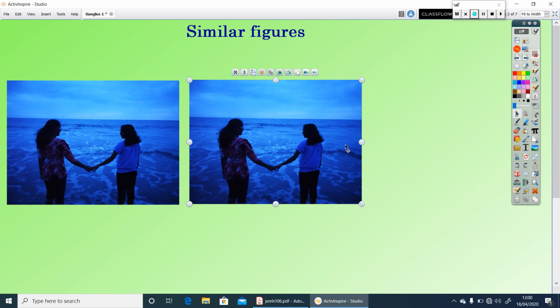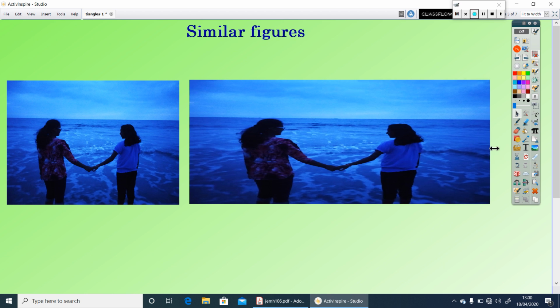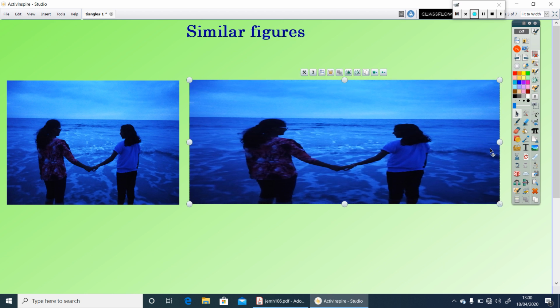So these two are congruent. Let me stretch it. Now can you say these two figures are similar? Here it is the same photo but a different size.